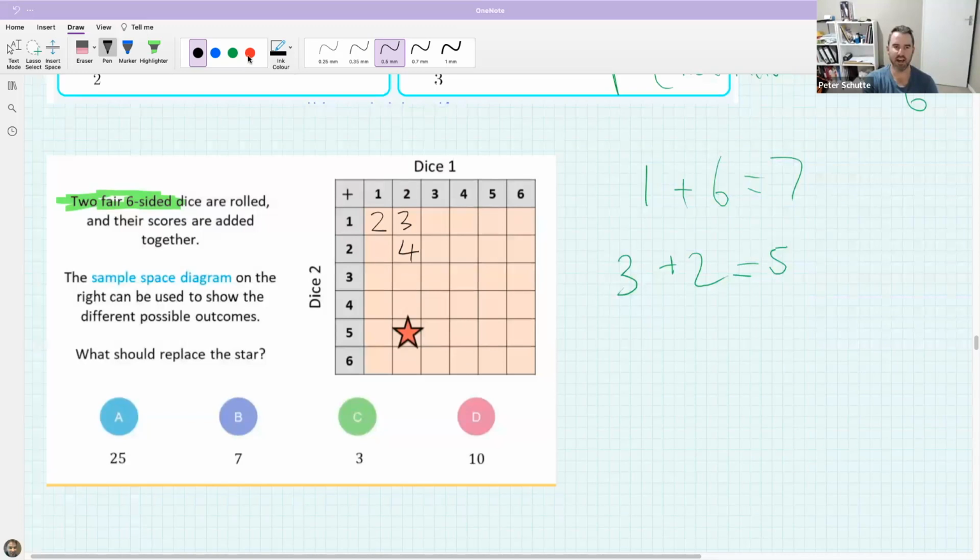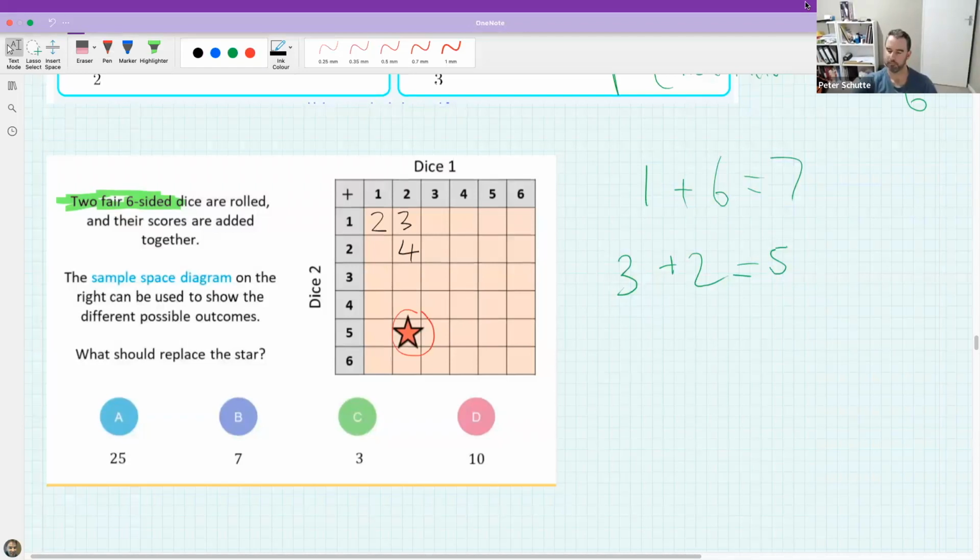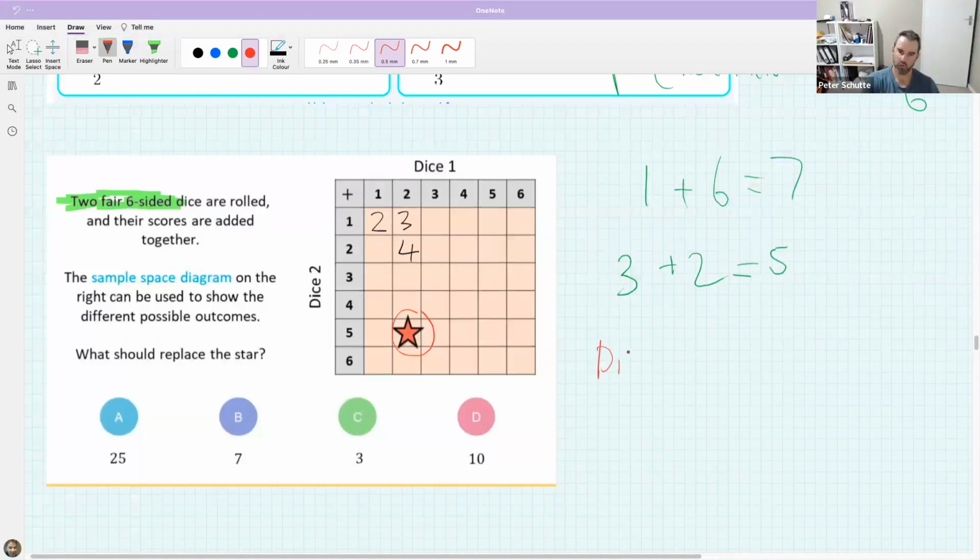Using this diagram, what do you think is going to be in the position of the red star over there? What do you think you threw on dice 1? What do you think you threw on dice 2?